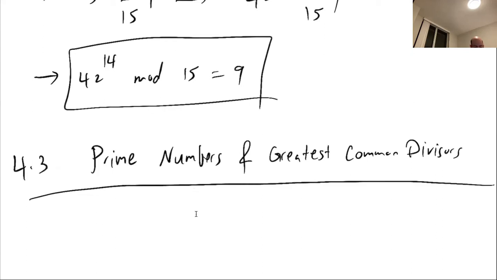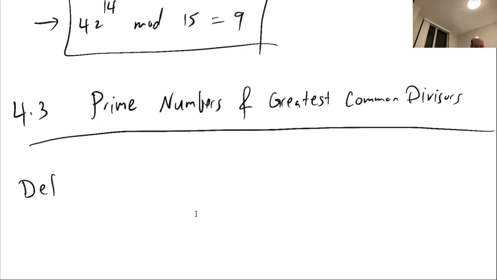So let's start with the definition of a prime number. So let's say p bigger than 1 be an integer.